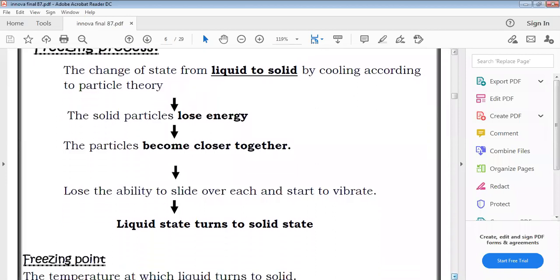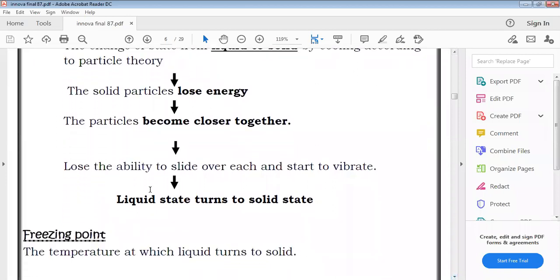Lose the ability to slide over each other and start to vibrate. Liquid turns into solid. Hur, you understand? Yes. Okay, so we now lose energy, lose the ability to move fast. So the particles become closer to each other and start now from liquid to solid.